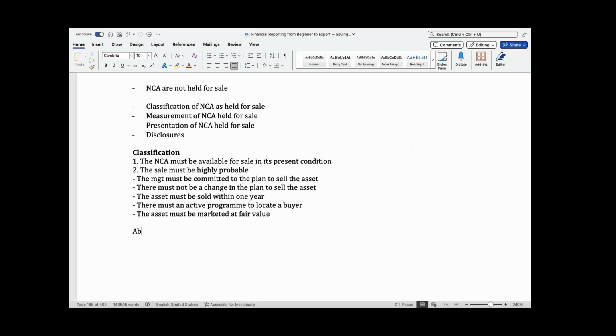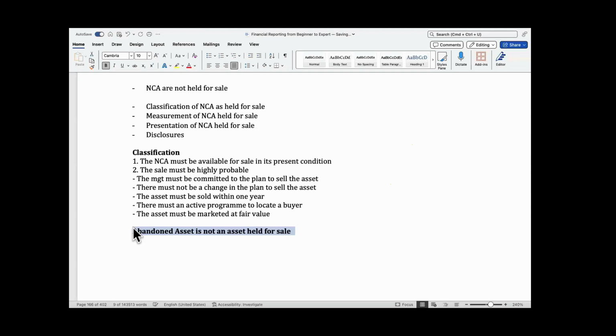So the examiner might trick you with an abandoned asset. An abandoned asset is not an asset held for sale. It doesn't classify as that at all. An abandoned asset is still a non-current asset.